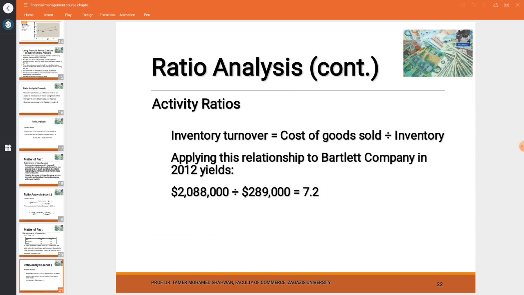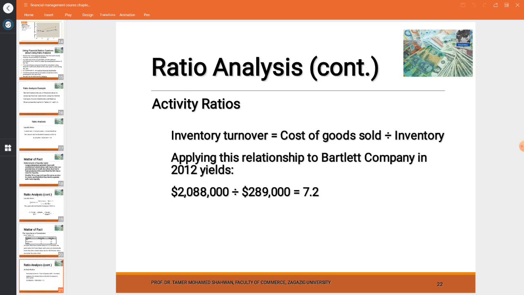Another group of analysis is what we call the activity ratios. Activity ratios are used if you are interested to determine whether you are using your assets in an efficient way or not. And if you are interested to assess the level of efficiency regarding the use of your assets, then you could assess the following ratios, which we refer to as activity ratios.